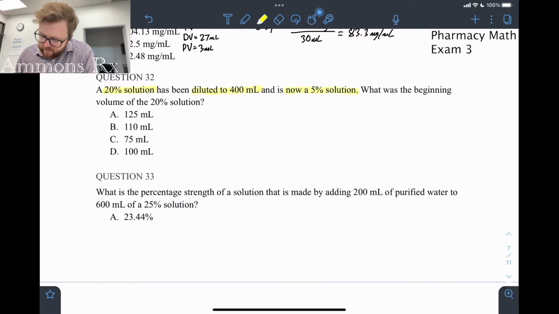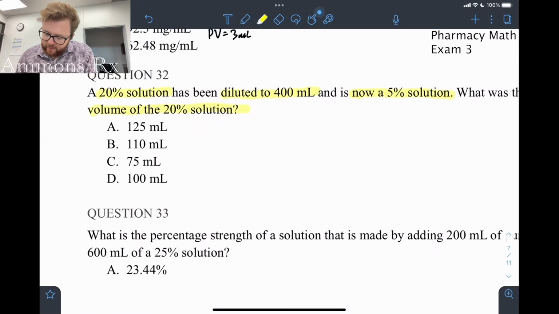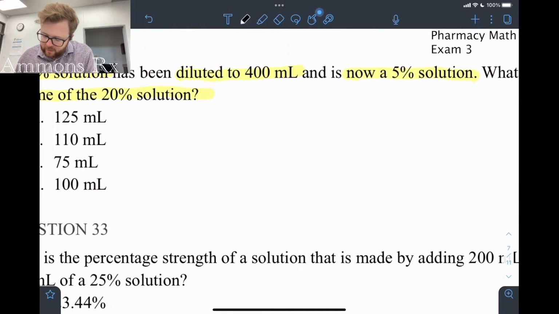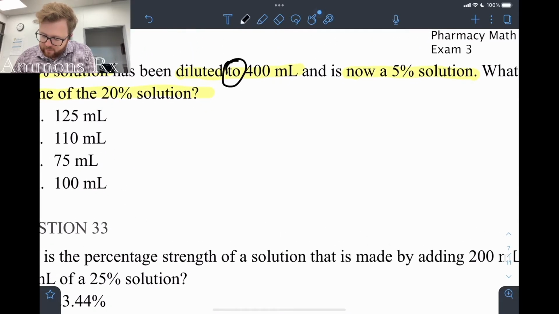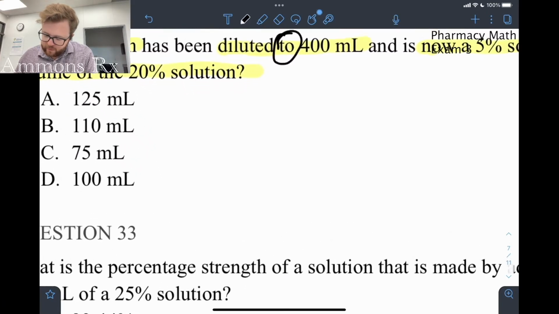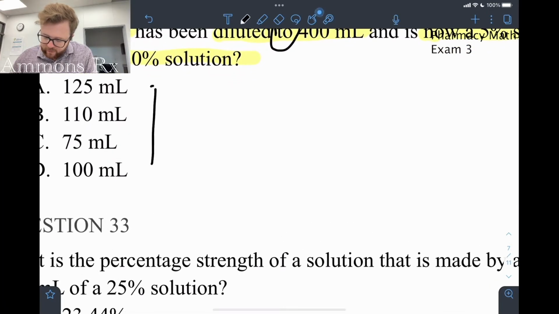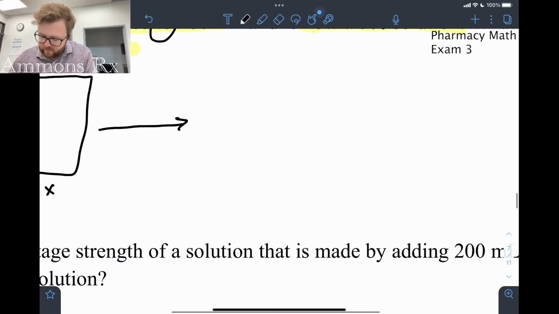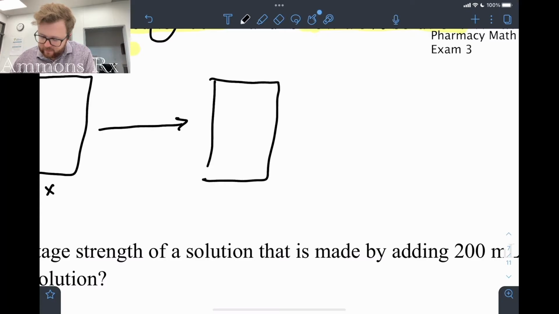20% solution, diluted to 400 mils. Now it's 5%. What was the beginning volume of the 20% solution? So this one, kind of tricky, but let's think about it. The word "to" is important here. So we know we had a solution in the beginning. It was diluted, and now it's this.